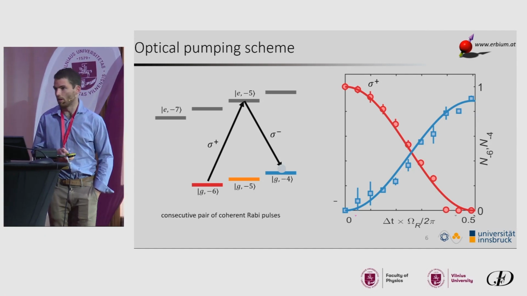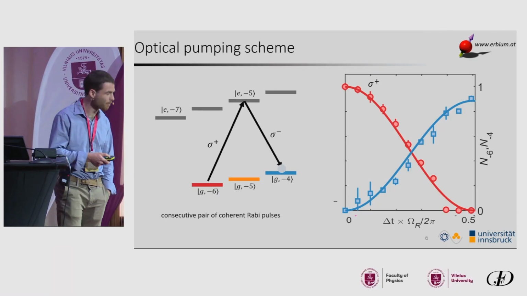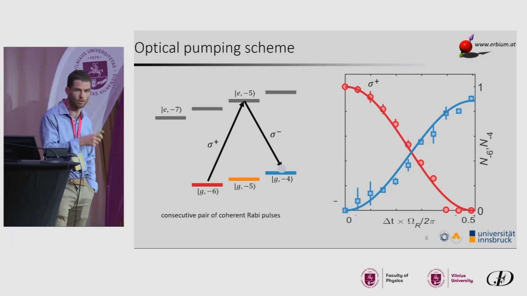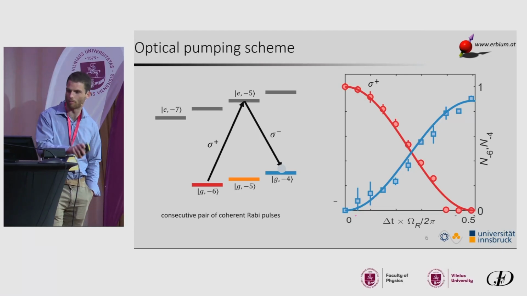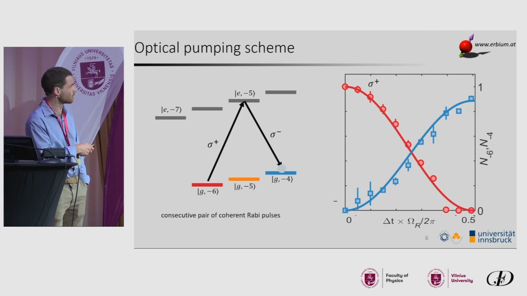So it's like STIRAP, or no? It's not a STIRAP because it's really two sequences of pulses. The lights are not on at the same time. But what we can do is we do a pi/2 pulse. So you have still some atoms remaining in the ground state, and then you have some atoms in the excited state.